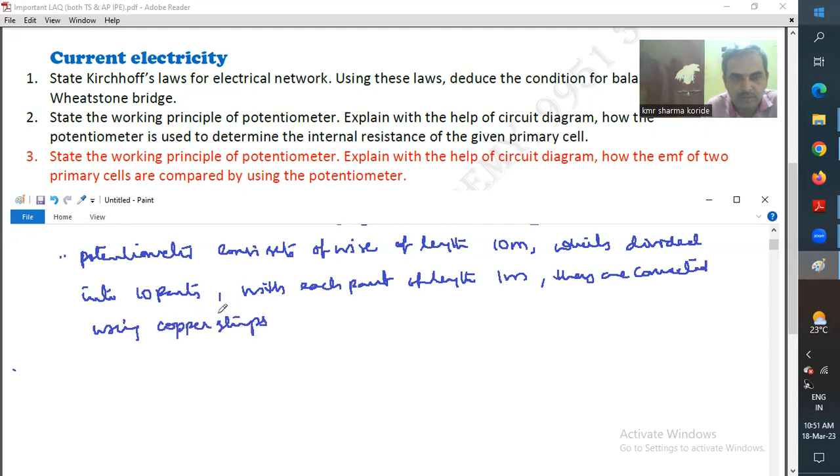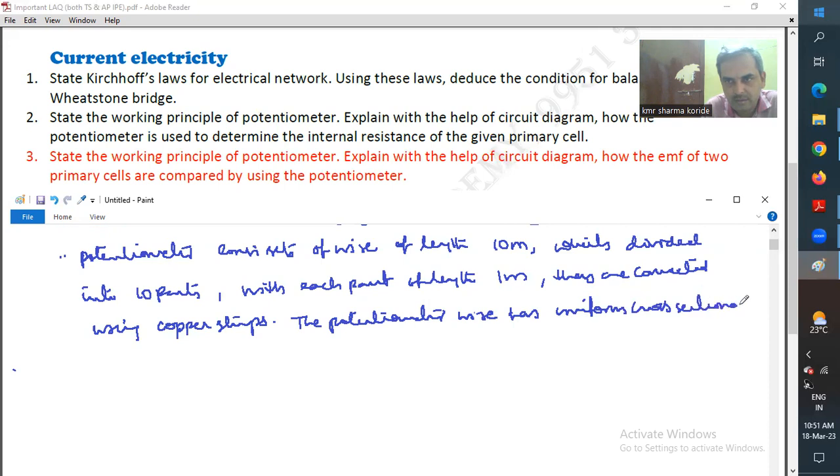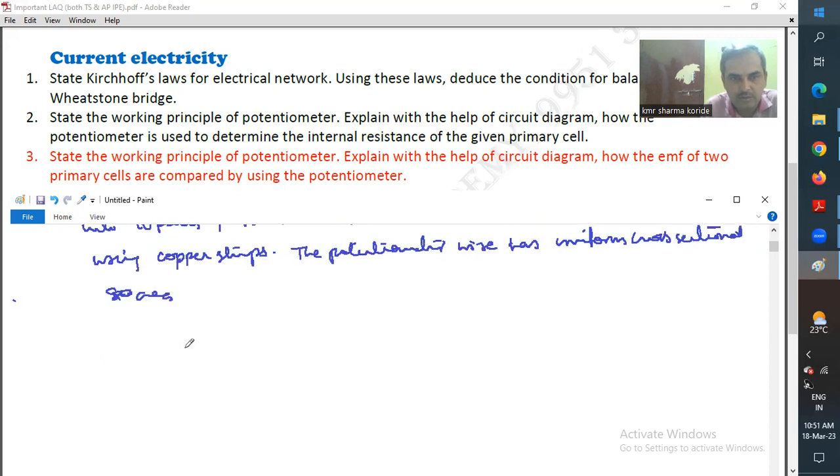And the potentiometer wire has uniform cross-sectional area. So you can understand a 10 meter length potentiometer wire like this.